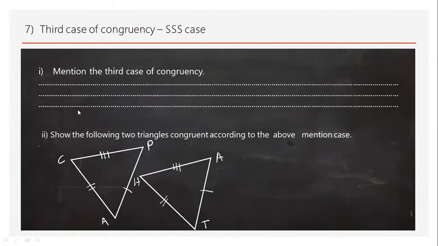Third case of congruency, side, side, side case. Right? If the three sides of a triangle are equal to the three sides of another triangle, then the two triangles are congruent.